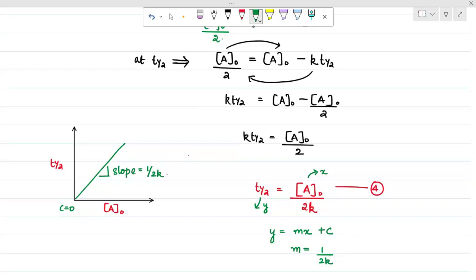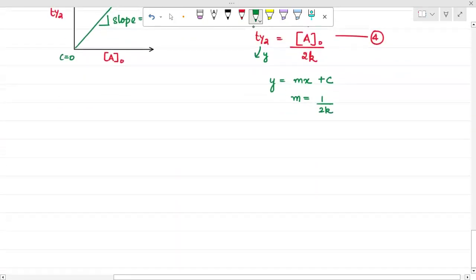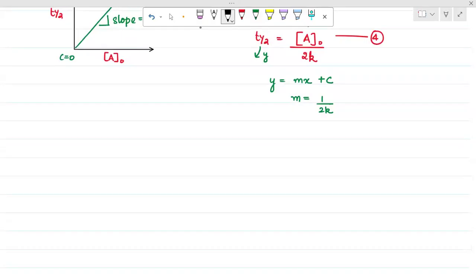Okay, that's done. Now, if this concept is clear to you, try out t three-fourths life, the quarter life, by yourself. You write the definition and then you can try.